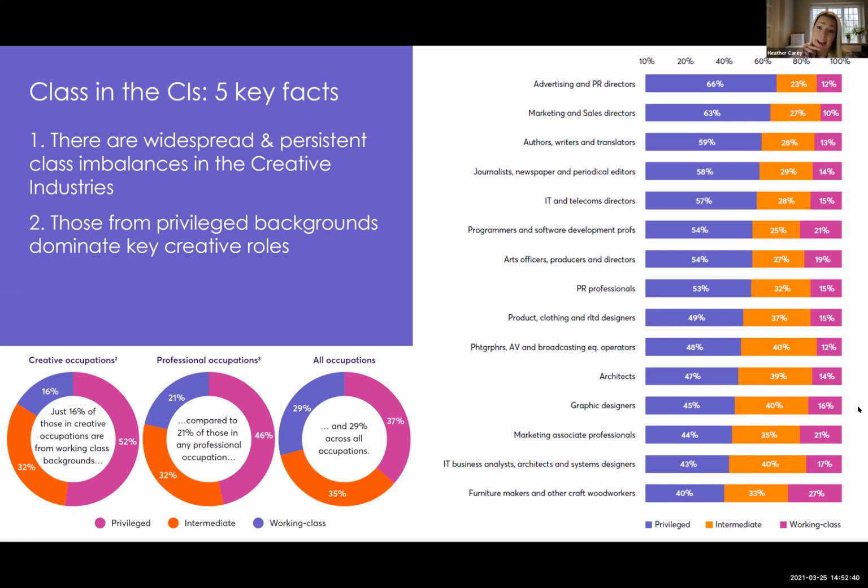What you can see on the right-hand side of the slide is the data can tell us more. And what it started to tell us was that class imbalances exist in every creative industry, with the exception of craft. There are 9 we use. They range from advertising to architecture to performing arts to film. And those class imbalances are widespread in every one of those 9 subsectors, with the exception of craft.